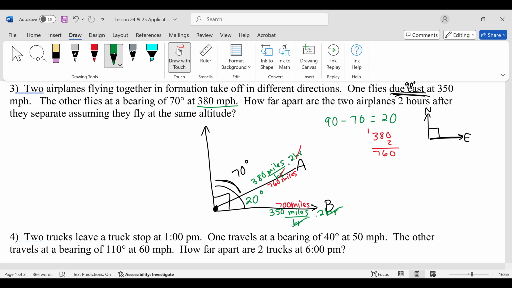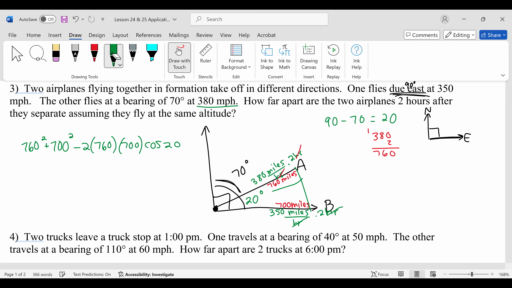All right. So law of cosines, I'll put it over here. I'm going to have 380 squared plus, this isn't 380, we said it's 760. So 760 squared plus 700 squared minus 2 times 760 times 700 times cosine of 20.